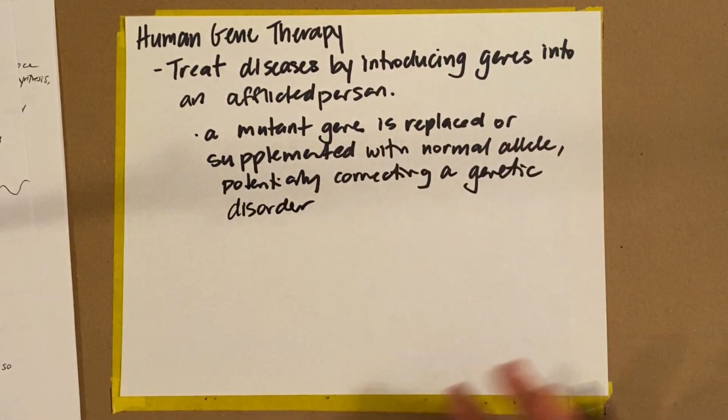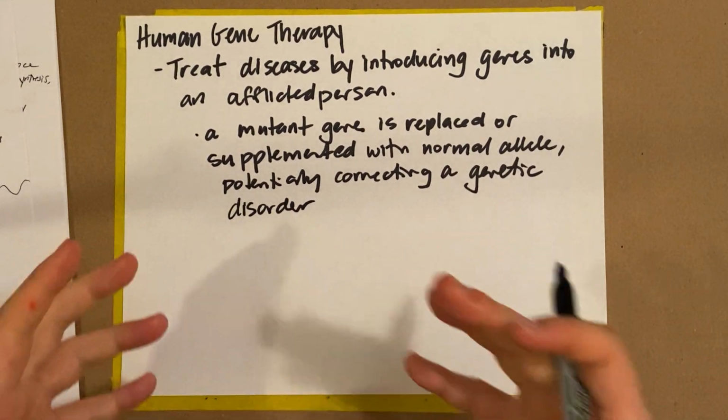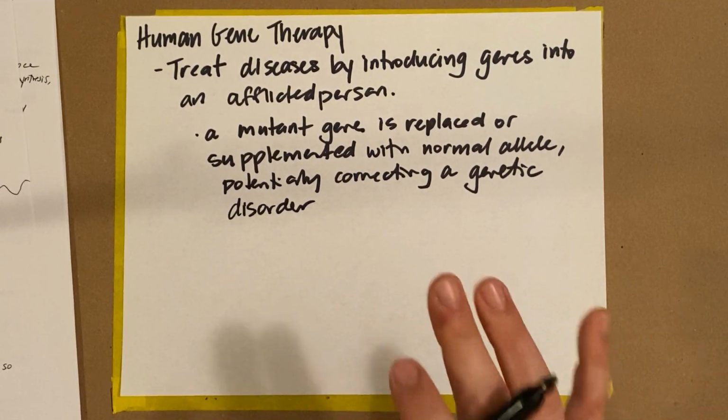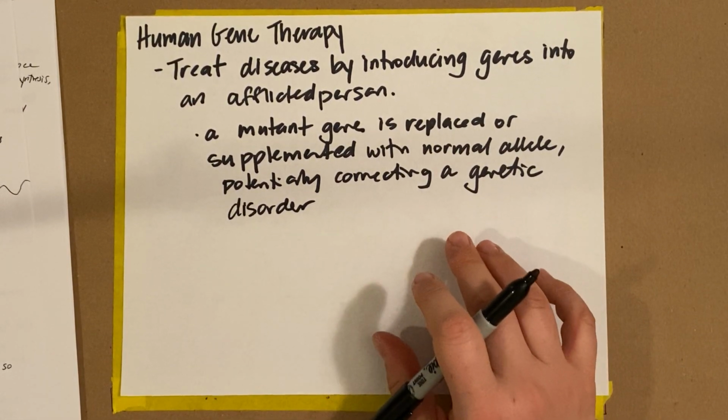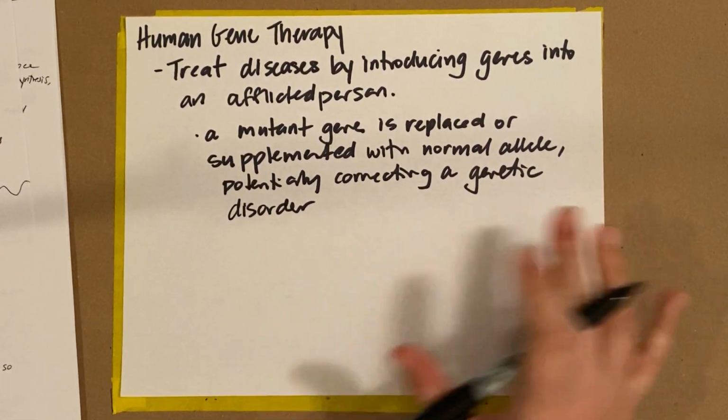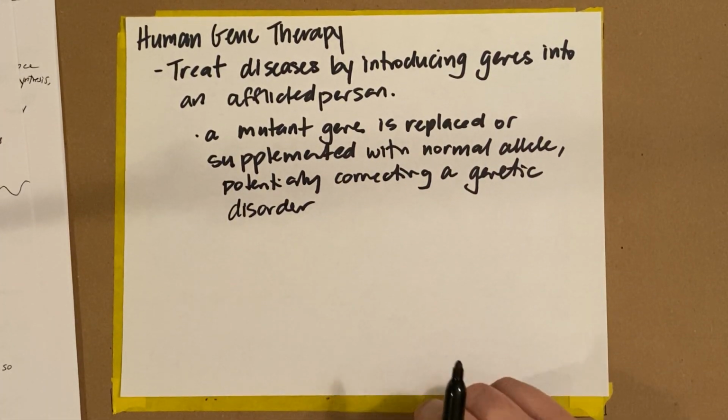Okay, so if this is a disorder that's because of some faulty gene, so there's been a mutation or something's wrong with the gene, if you could somehow give them the correct version of the gene, that would be unbelievable and would help cure many, many diseases.